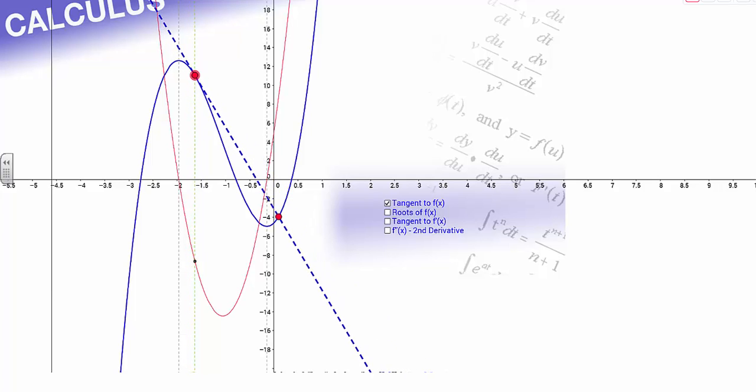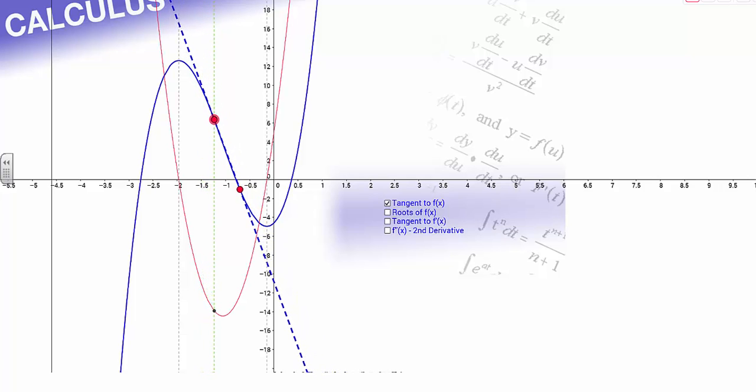And what you notice is, at a specific point, these 2 points coincide. And you can see that the tangent is not quite a tangent anymore. It's a tangent on this side, and it's a tangent on this side, but it's actually intersecting and going from one side of the graph to the other. That's a very unique point.